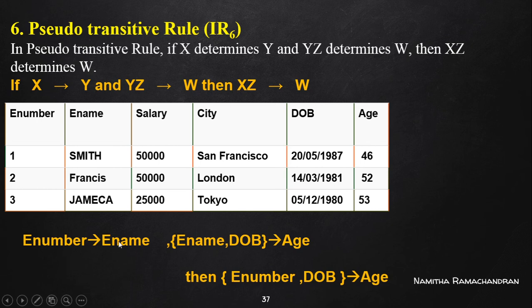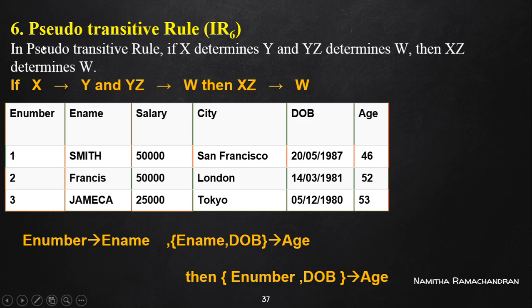If these two valid dependencies are given, then we can infer another dependency. From these two valid dependencies, we can infer another dependency like E number, date of birth derives the age of employee.